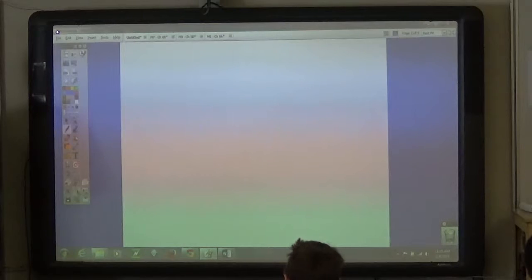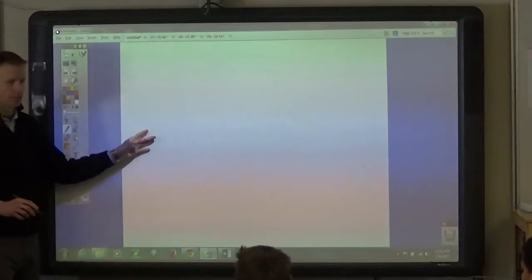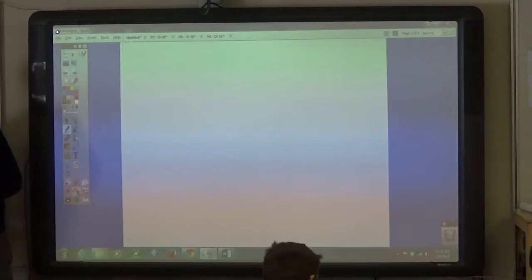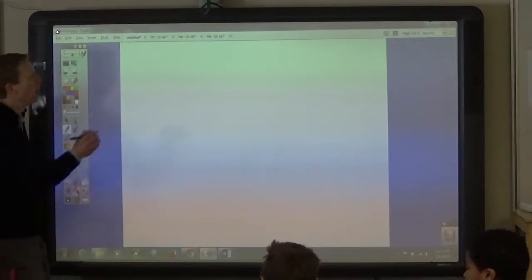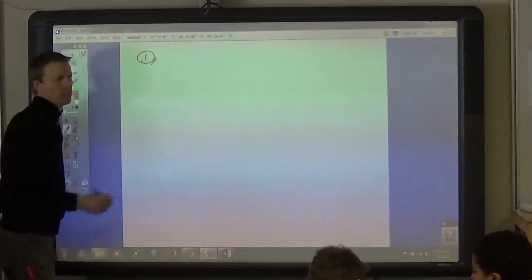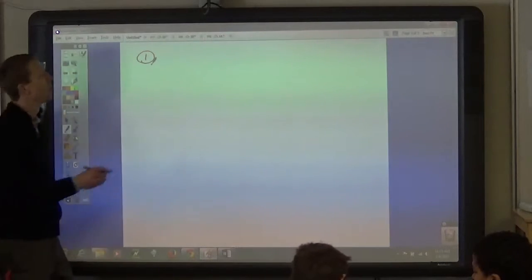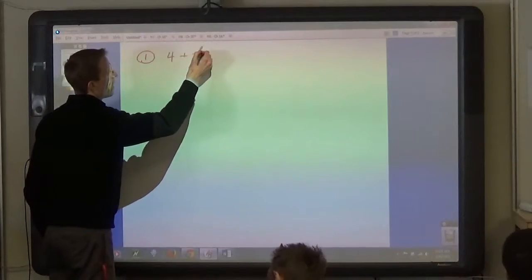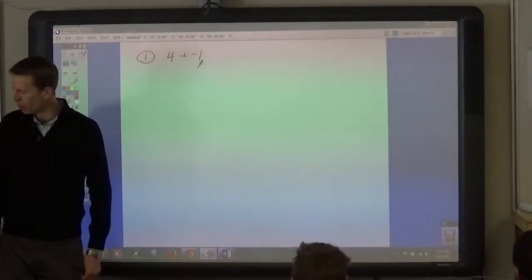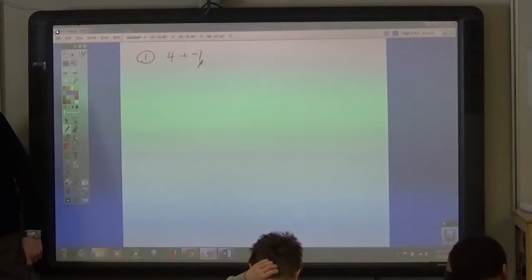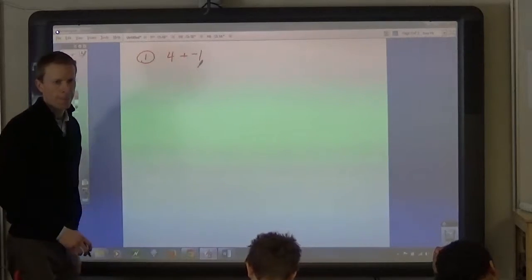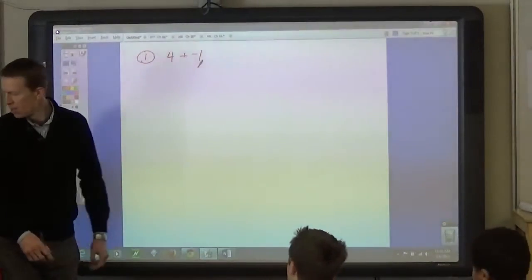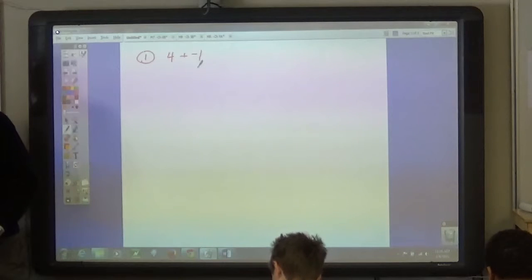Now, when you're doing these, you can just use that plus sign and minus sign for your models, okay? So in number 1, it gives you 4 plus negative 1. So write down 4 plus negative 1, okay? I'm on page 257, okay?